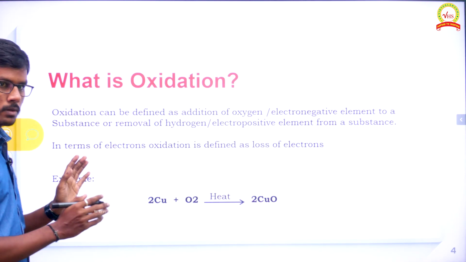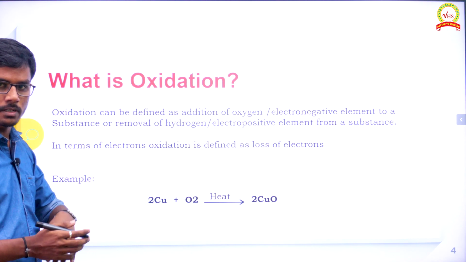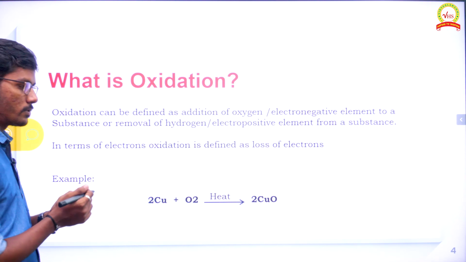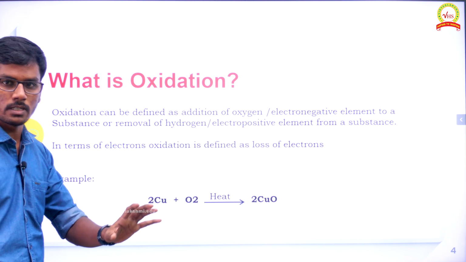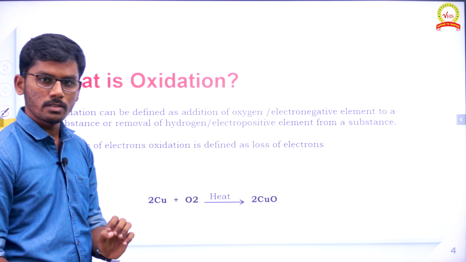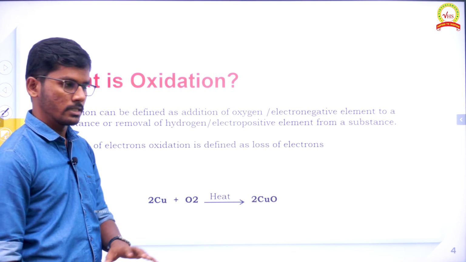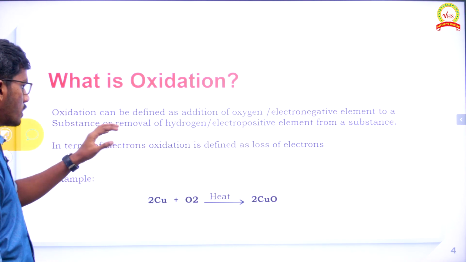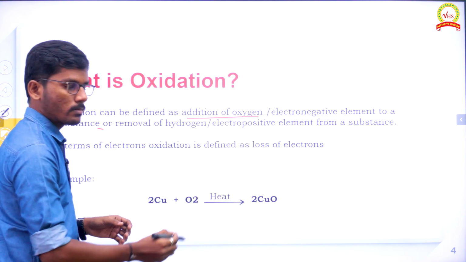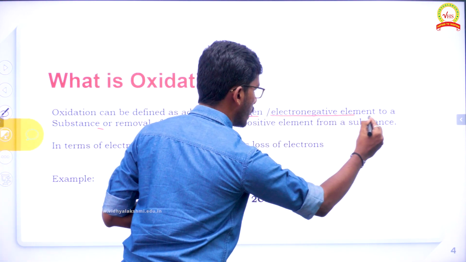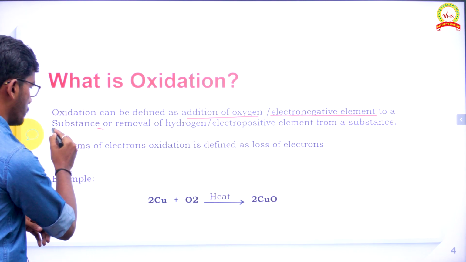Next, what is oxidation? We have known redox is a combination of oxidation and reduction, so we have to learn what is oxidation first. Oxidation, in simple terms, is addition of oxygen to a substance. You just follow the lines here. Oxidation can be defined as addition of oxygen or an electronegative element to a substance.